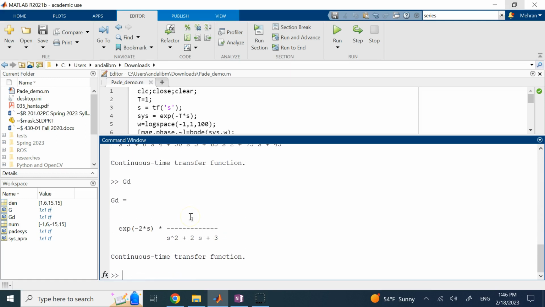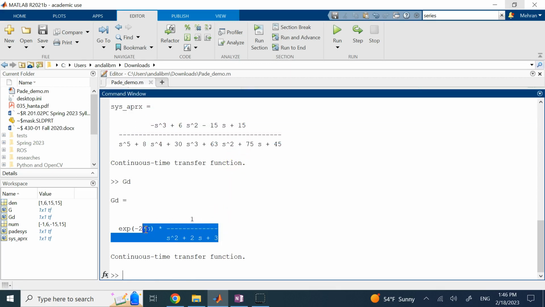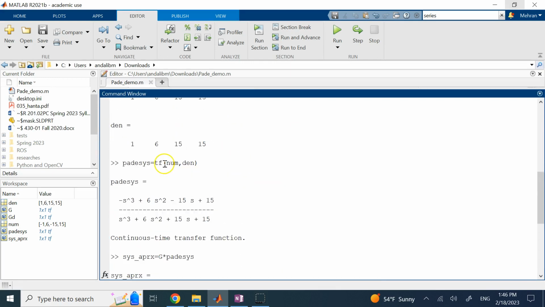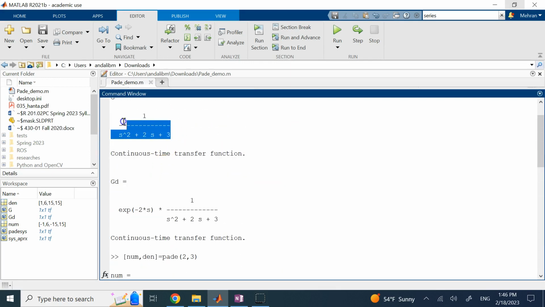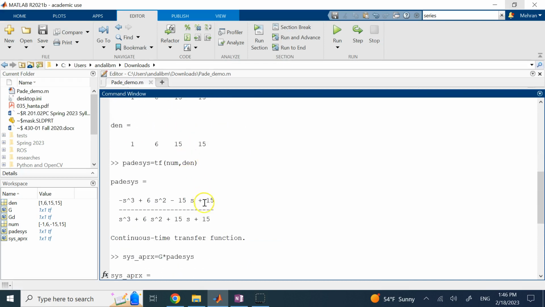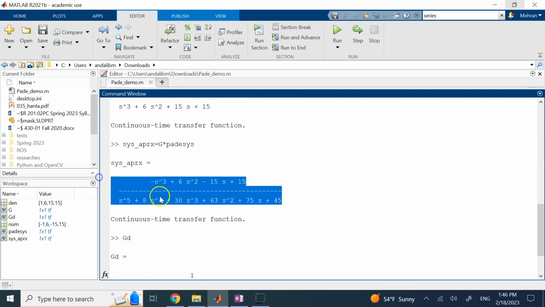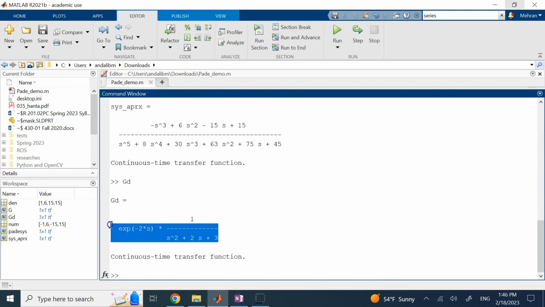So instead of this system, I use this one, which is the product of the original system without delay and a third order Padé. Multiply them together, and so this 5th order system is going to approximate the 2nd order system that has a delay of 2 seconds, because here we chose order 3.